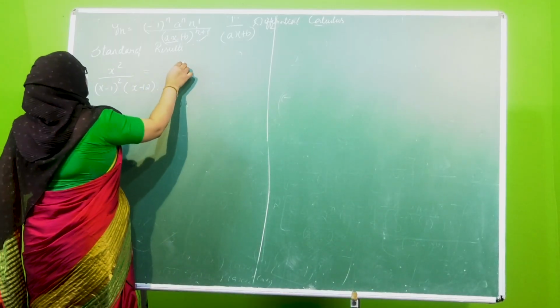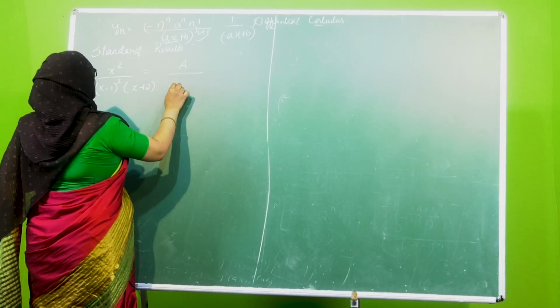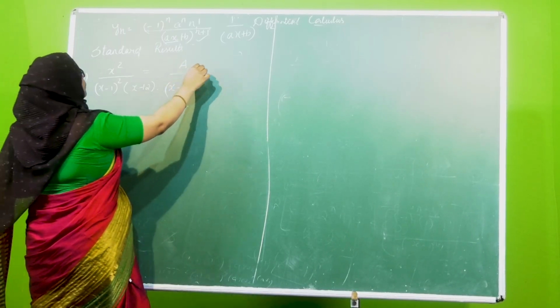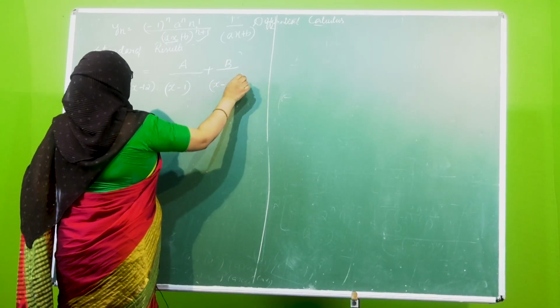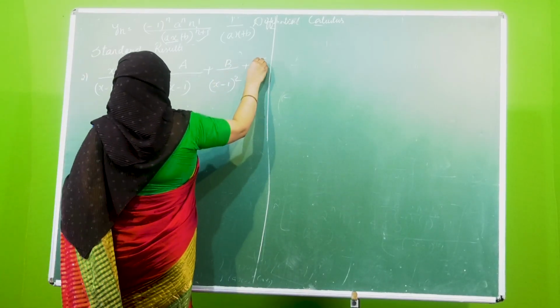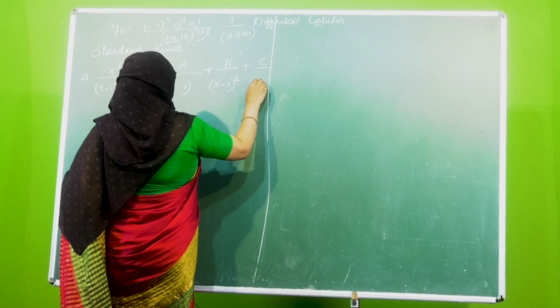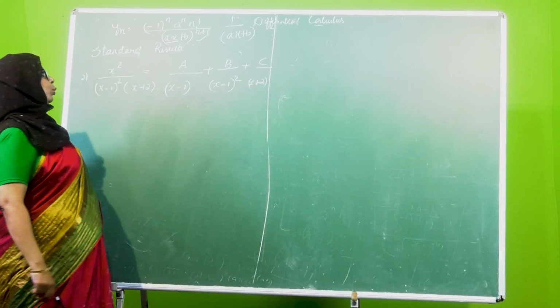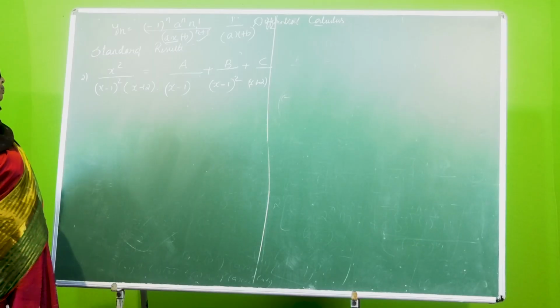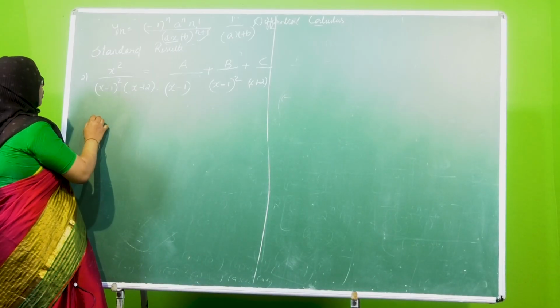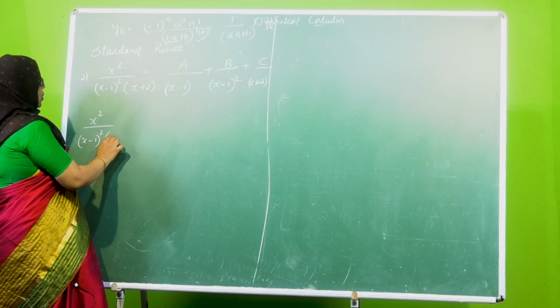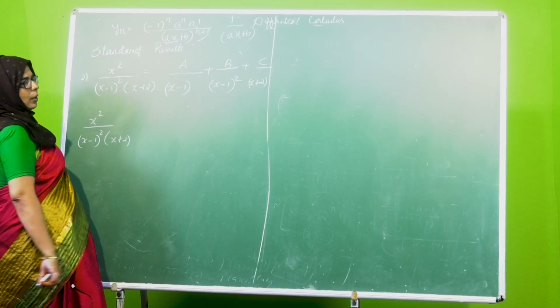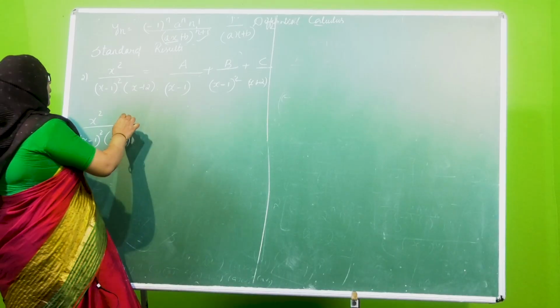That is, a divided by x minus 1 plus b divided by x minus 1 whole square plus c divided by x plus 2. Now, x square divided by x minus 1 whole square into x plus 2.